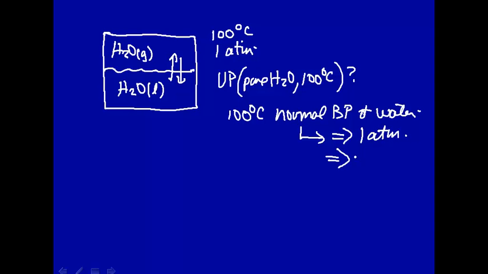So this implies that the vapor pressure of water at 100 degrees C is 1 atmosphere. So if you had pure water down here at the boiling point at 100 degrees, the vapor pressure of water would be 1 atmosphere. It'd be boiling, in other words, at equilibrium.